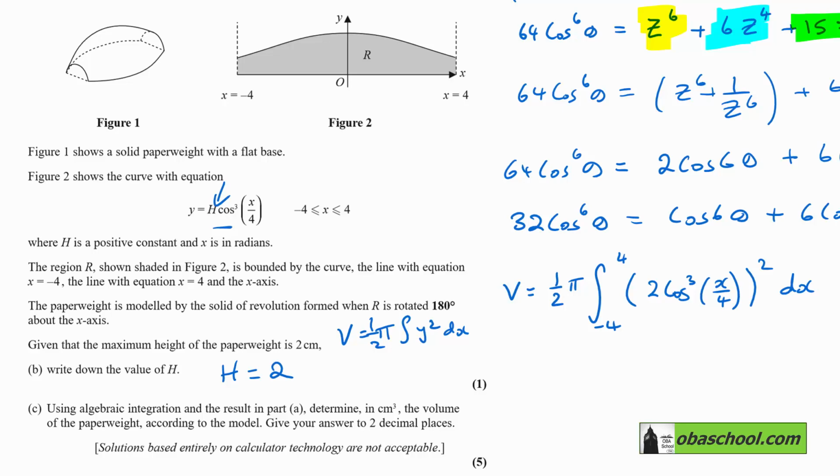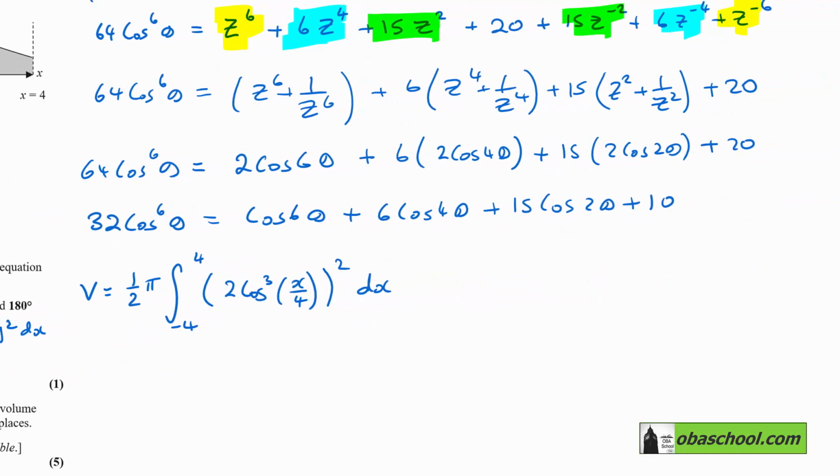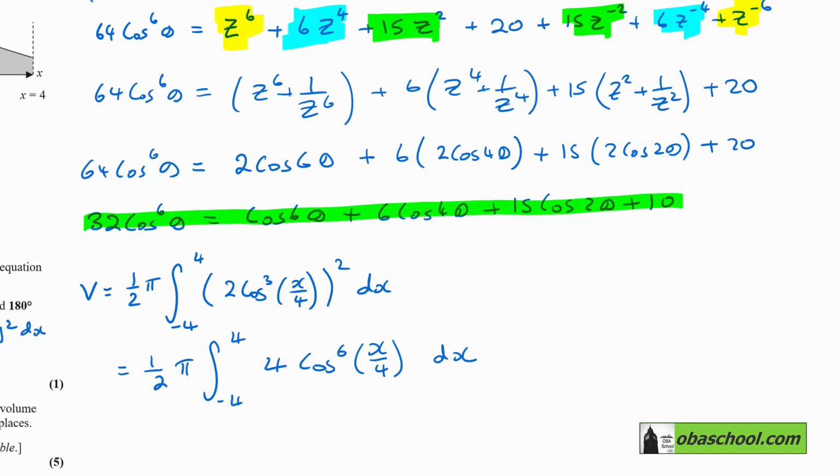So we want to evaluate that integral. So that is going to be a half pi times the integral from -4 to 4 of 4 cos to the power 6 x over 4 dx. And then we can make use of this.